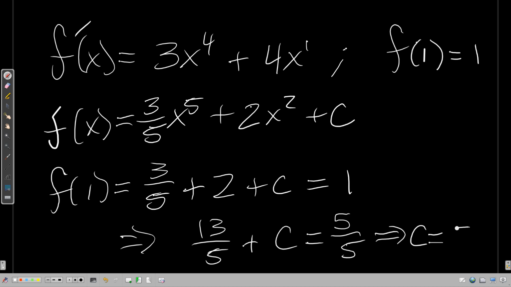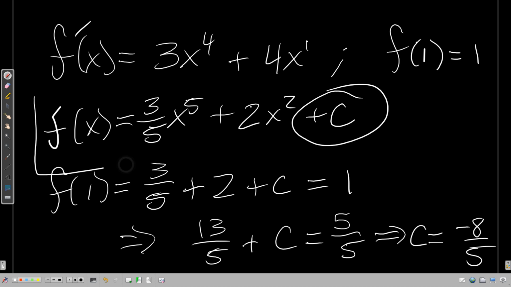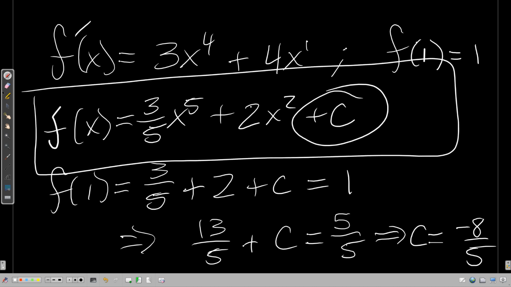So that would be a negative 8/5. And then you can take that negative 8/5 and replace it right there and have the solution to that initial value problem.